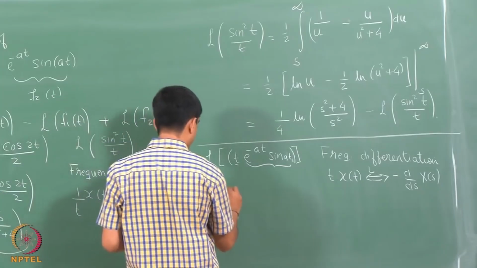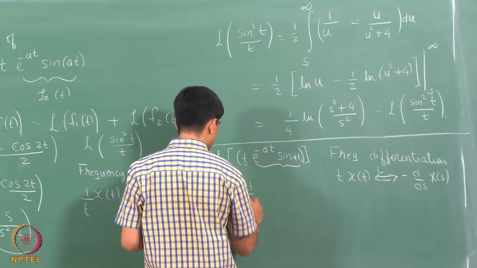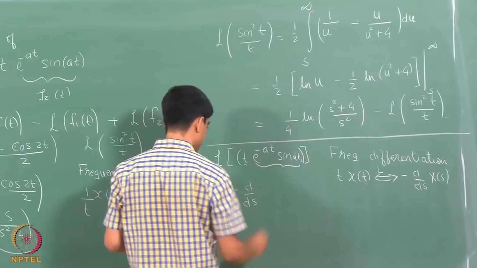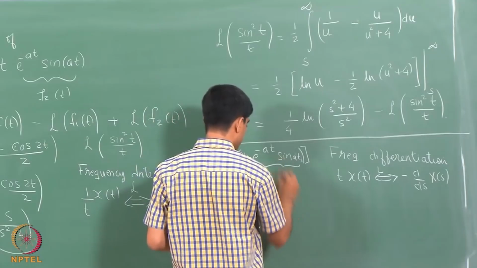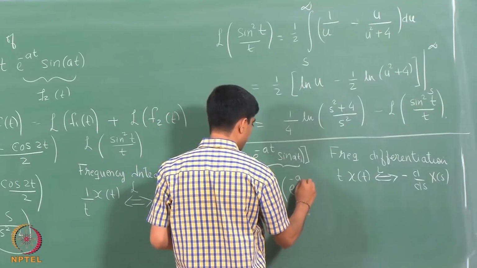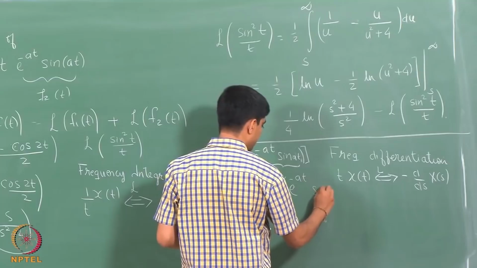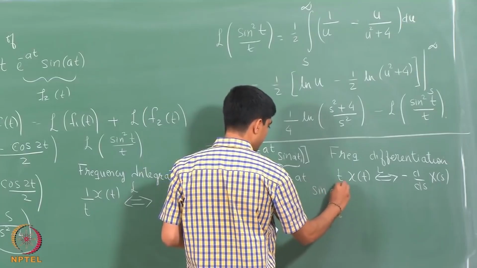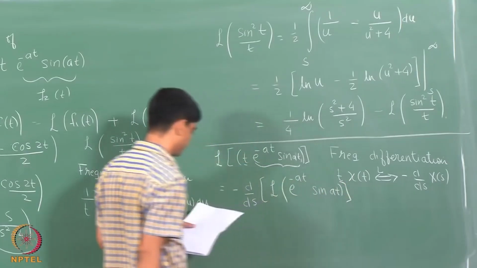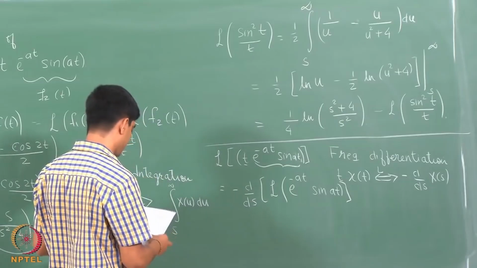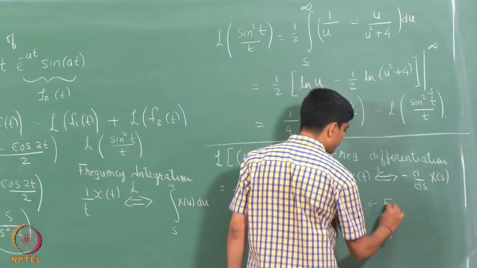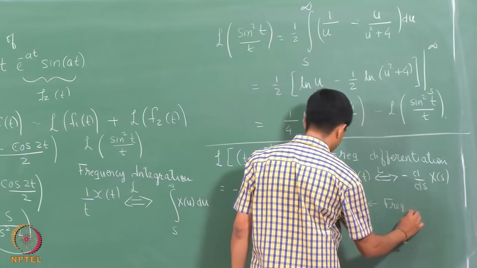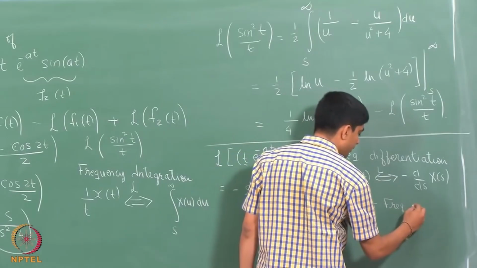So, this would be minus d over ds, the Laplace transform of this guy, e power minus a t sin of a t. Okay. Now, next I use the frequency shifting formula, right, multiplying by e power minus a t.